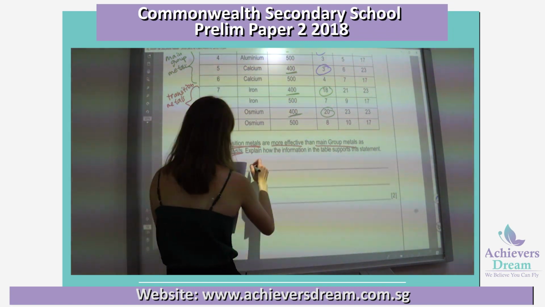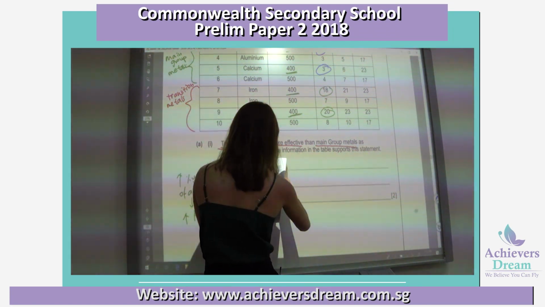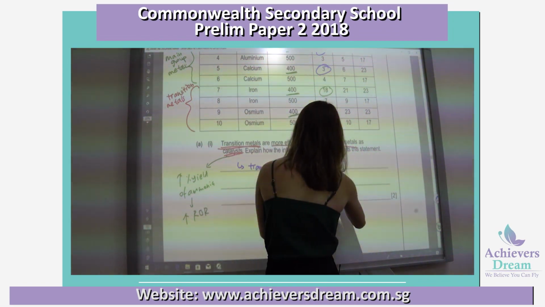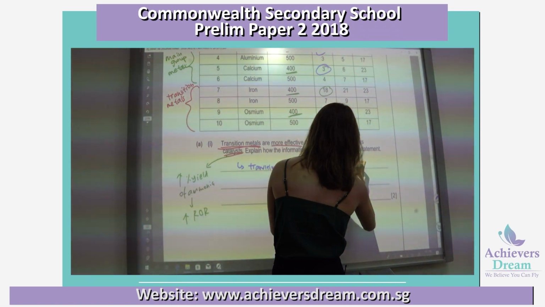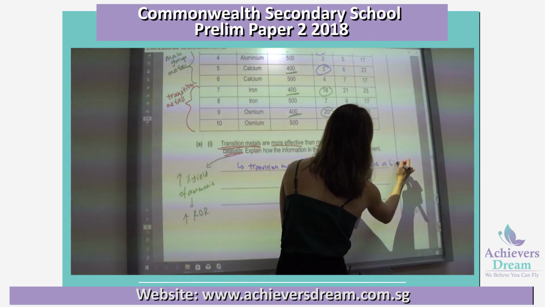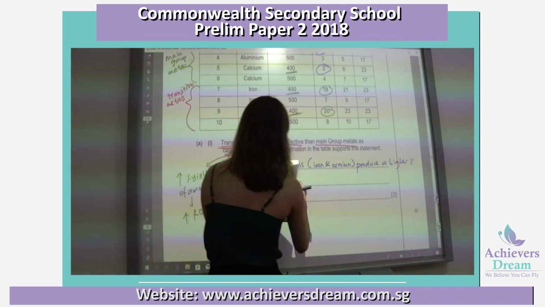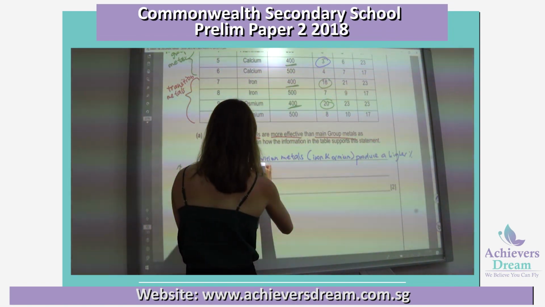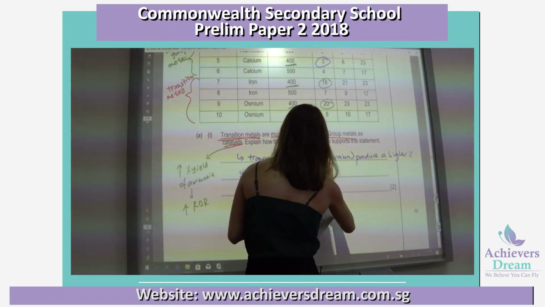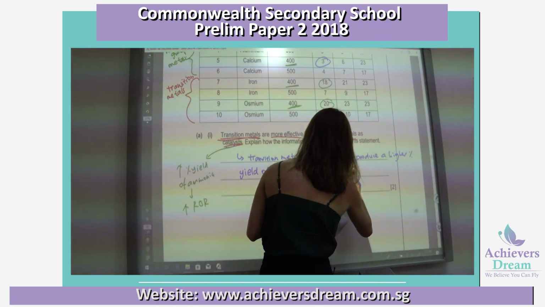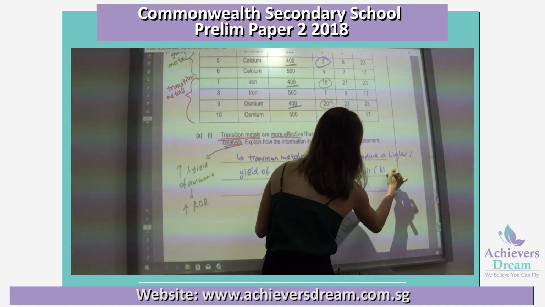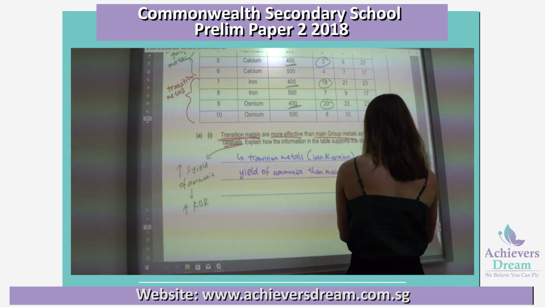So we have to state that your transition metals, like iron and osmium, produce a higher percentage yield of ammonia than your main group metals, such as aluminium and calcium.